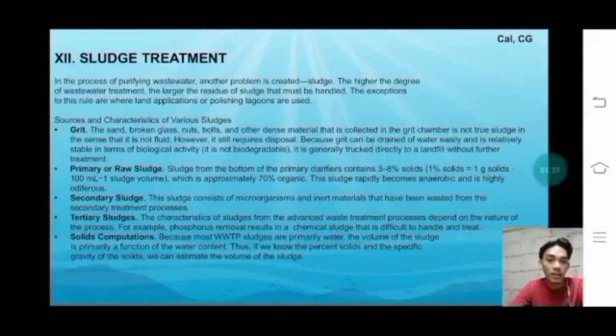Next is the solids computation. Because most WTP sludges are primarily water, the volume of the sludge is primarily a function of the water content. Thus, if we know the percent solids and specific gravity of the solids, we can estimate the volume of the sludge.